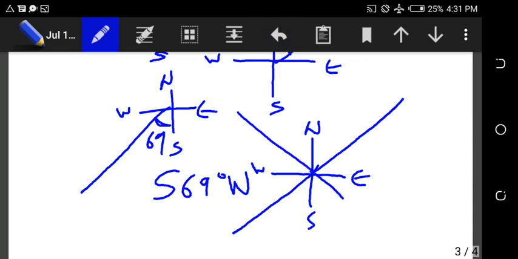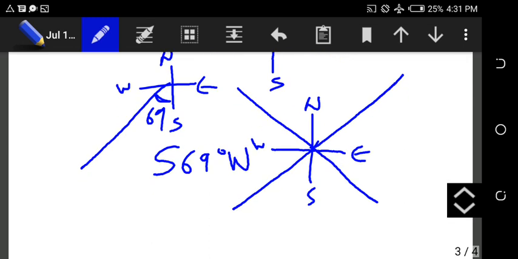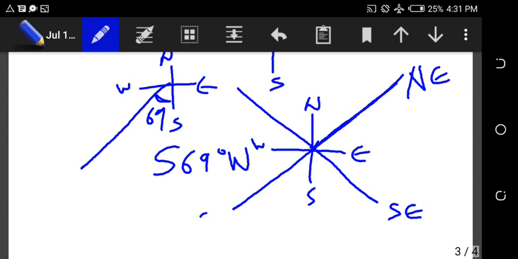Looking at this line here, that is halfway between the north and east, and this is what we call a northeast direction. Here becomes southeast direction, here becomes southwest direction, and here becomes northwest direction. And each of them is always 45 degrees.